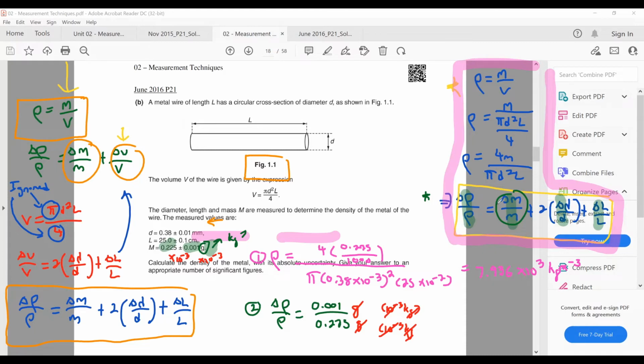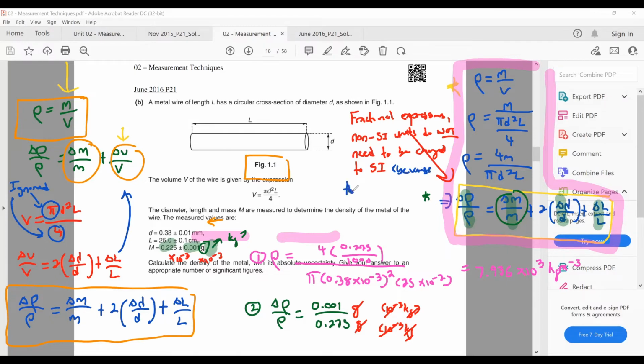So when it comes to fractional expressions, non-SI units do not need to be changed to SI, because the units cancel off.